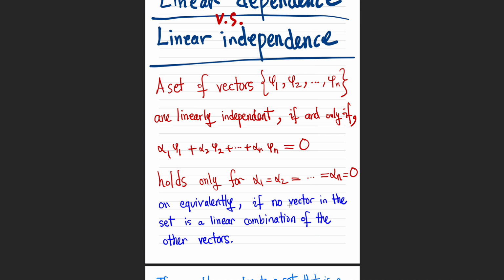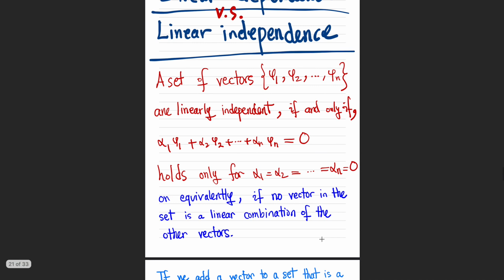And what does that mean? It means that we cannot, for example, use phi 2 to phi n and find a linear combination between them to create phi 1.